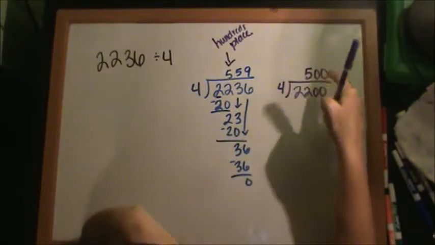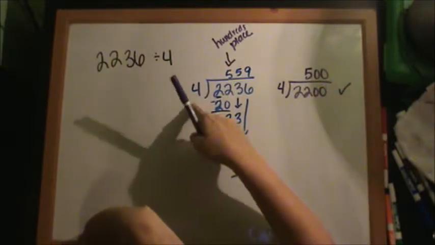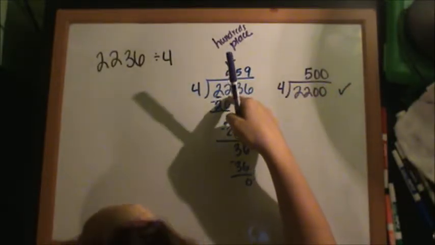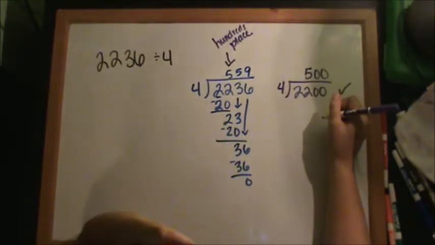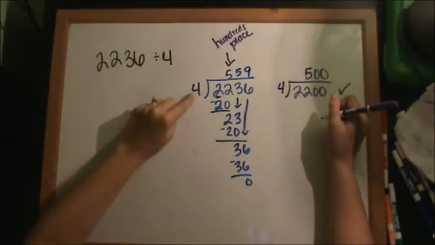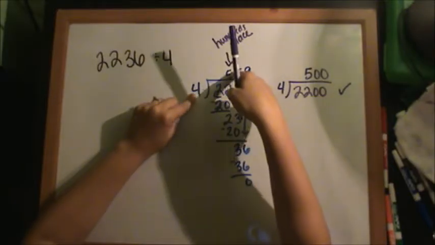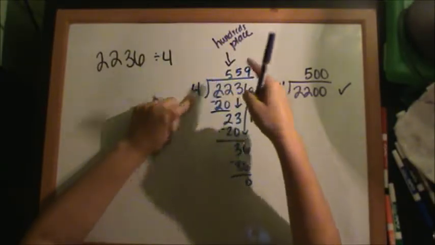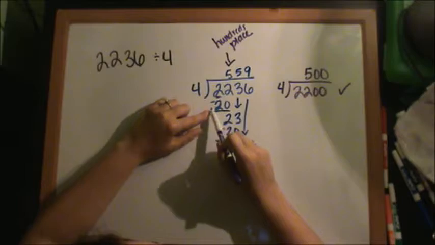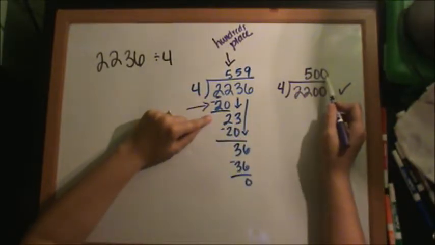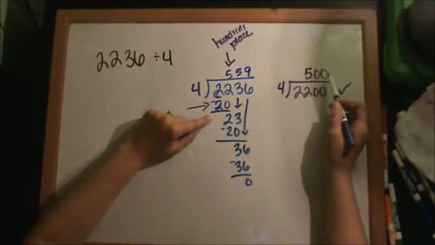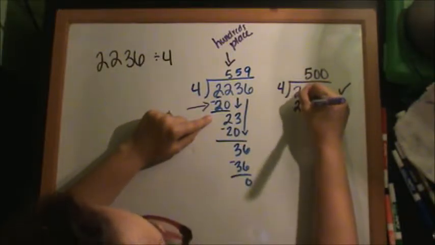Not just 5, 500. So 4 can go into 2,200 500 times. So now what we did, we said 4 times 5, or 4 times 500 actually, gives us what? We wrote 20. Does 4 times 500 actually give us 20? No. It gives us 2,000.